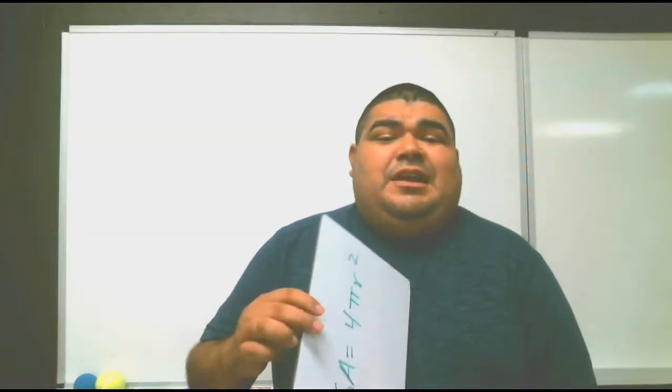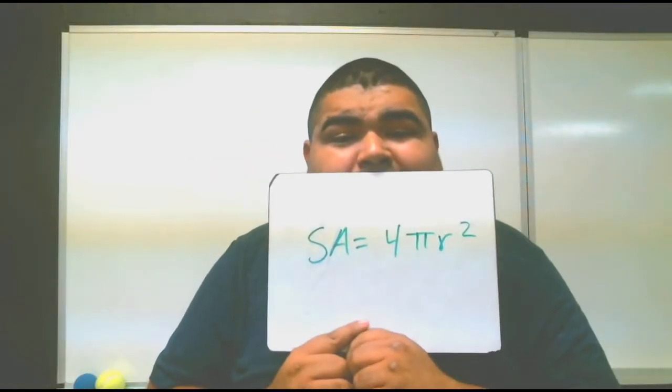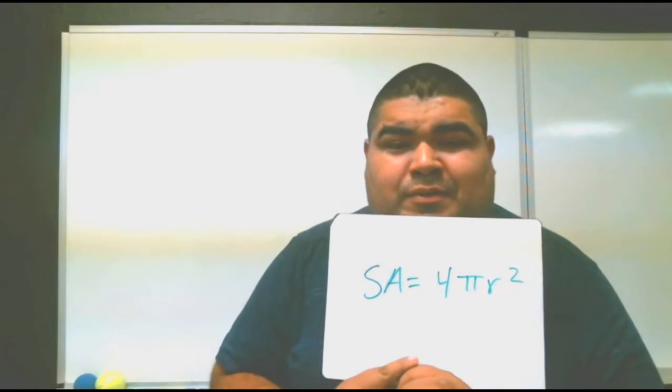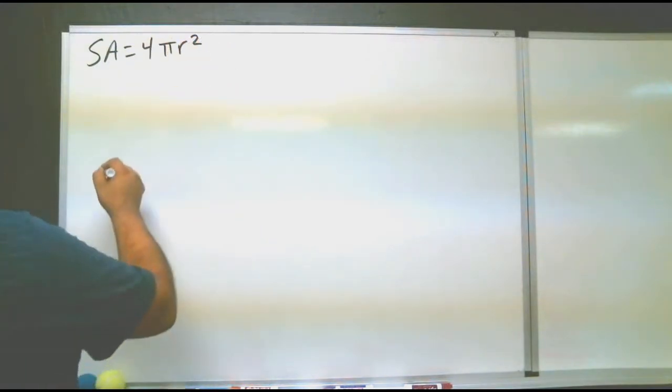So, the equations we're going to be working with today are the one for surface area. Remember, it's area. It's this type of area, 4 pi r squared. So our first equation for surface area is 4 pi r squared.